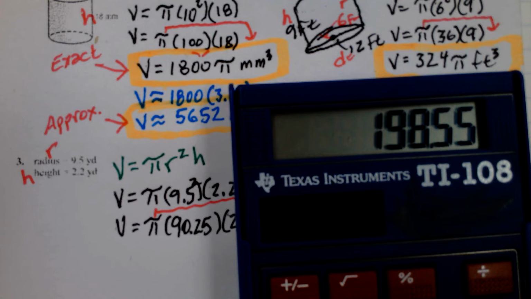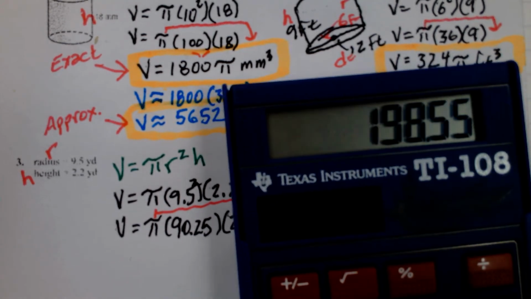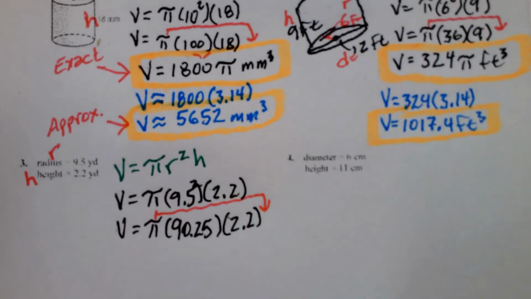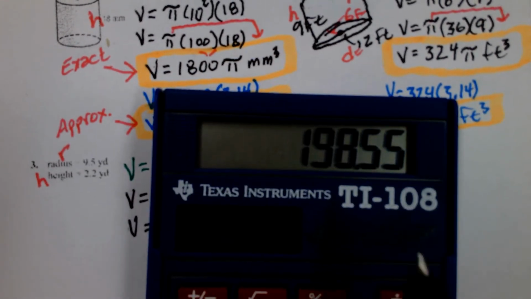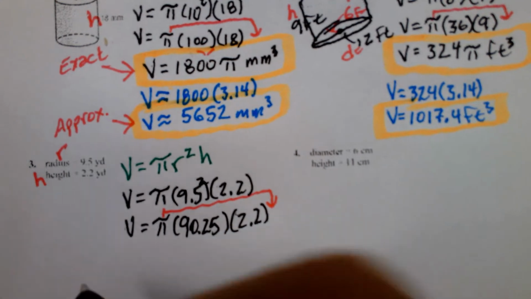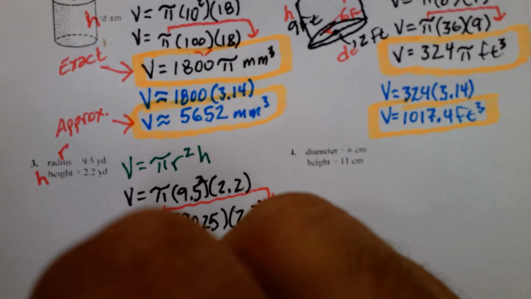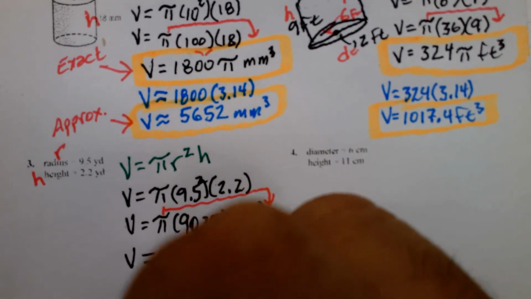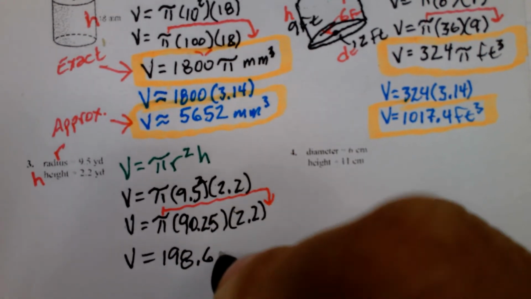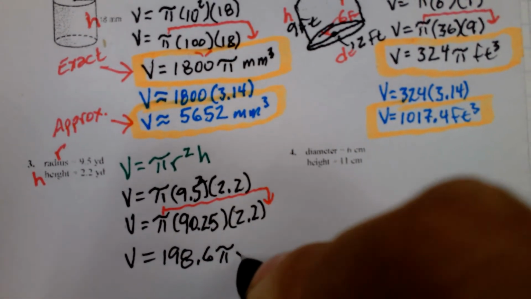Yes or no? What do you say? Is that okay to write as an answer? 198.55? What do I have to do? Okay, very good. Round it to the nearest tenth. So let's make that 0.6. How's that? So the final answer is 198.6 pi cubic yards.